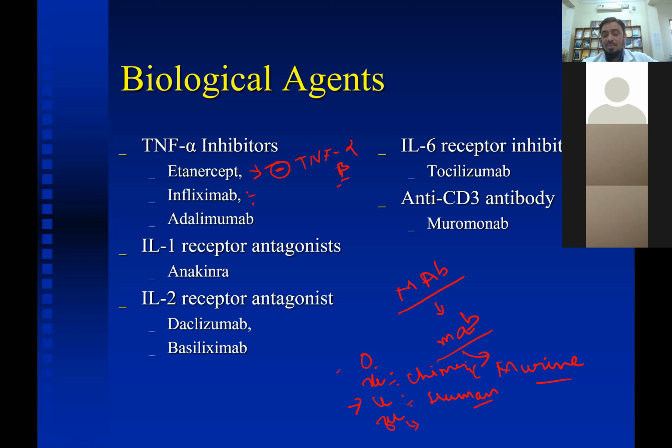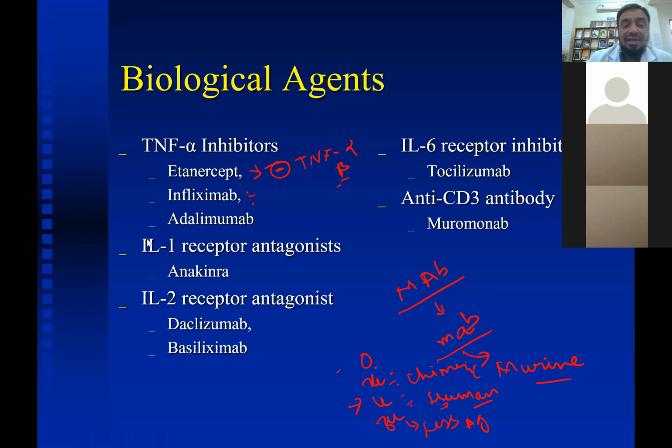So ZUMAB again has fewer antigenic reactions, but more than UMAB. And OMAB, which is obtained from the murine source, has the maximum.